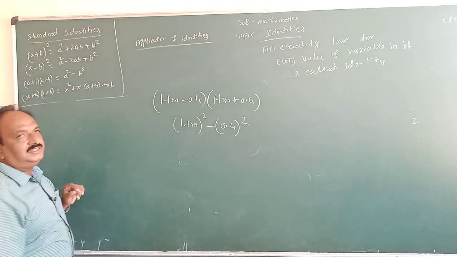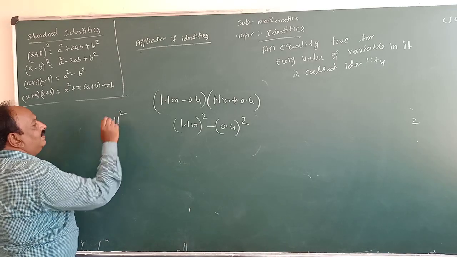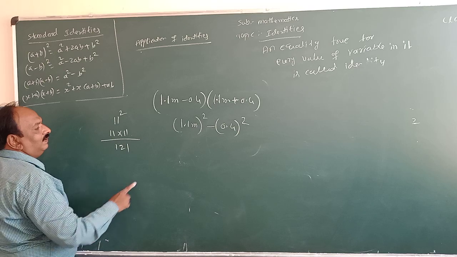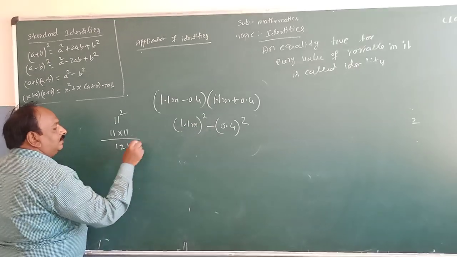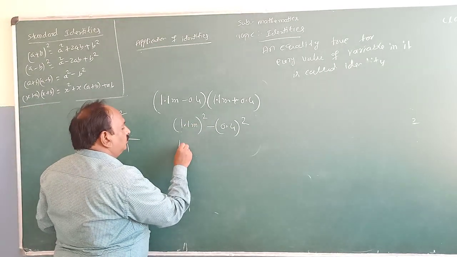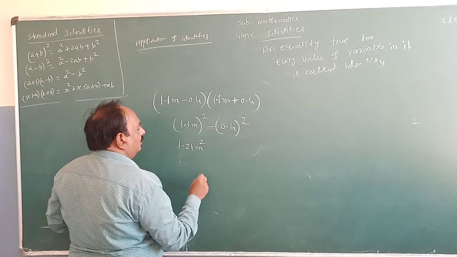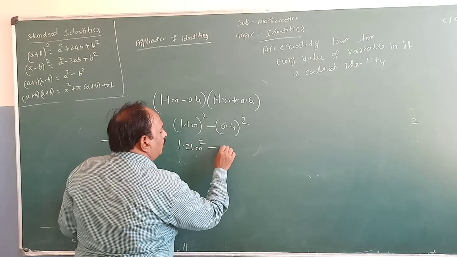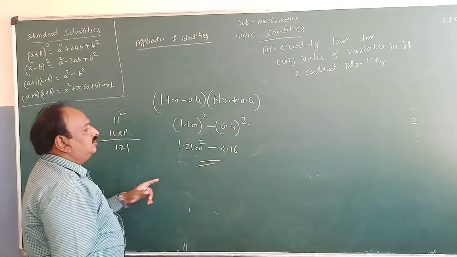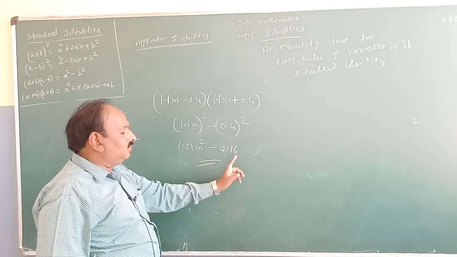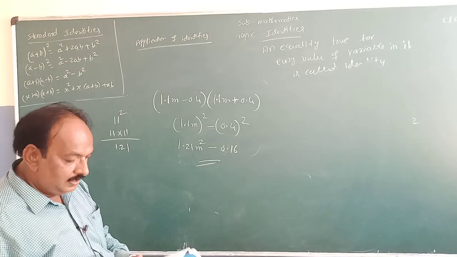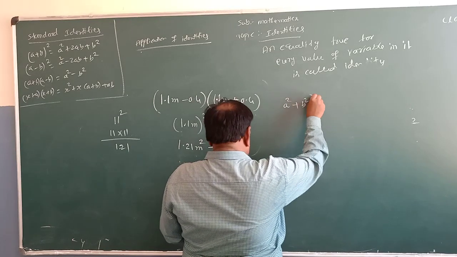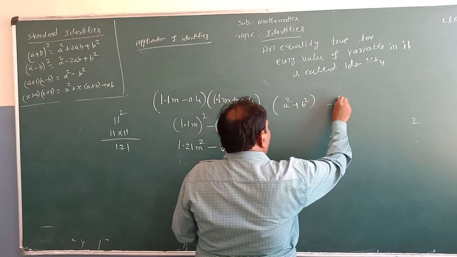Don't bother about the decimal. Remove the decimal: 11 square is nothing but 11 into 11, 11 11s are 121. If you make this square, it becomes 2 digits: 1.21m² minus 4 4s are 16, 0.16, 2 digits.